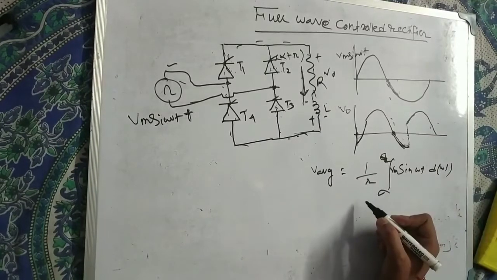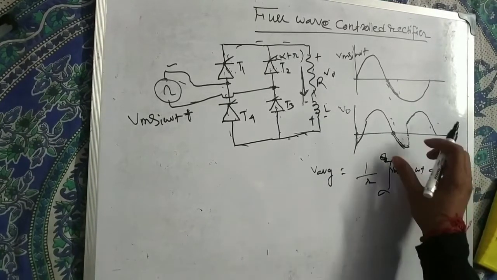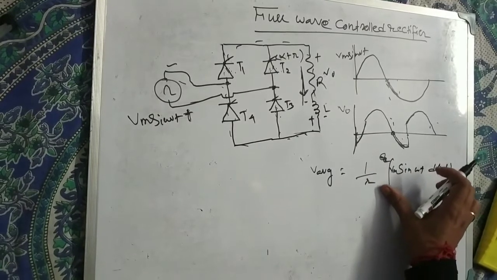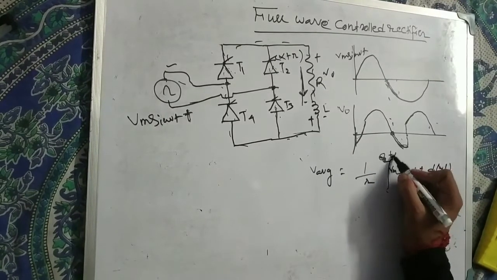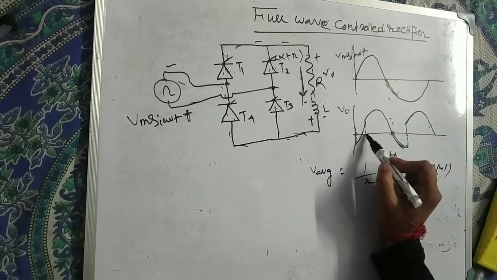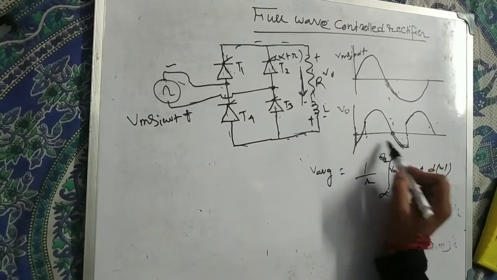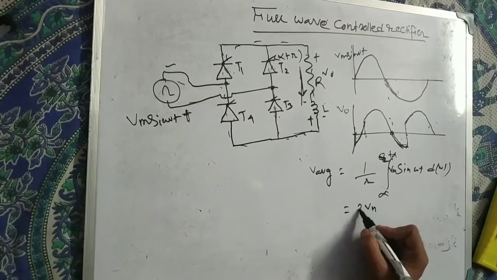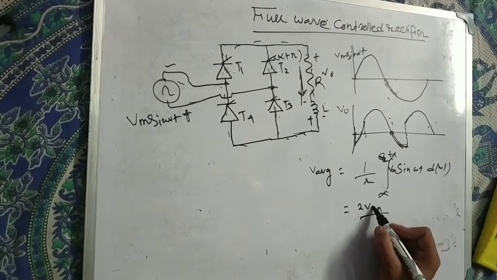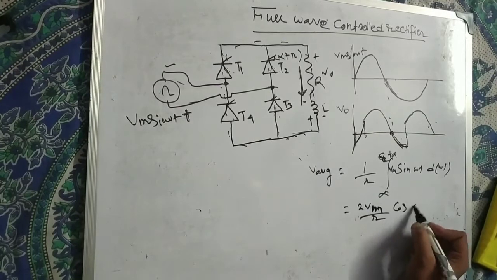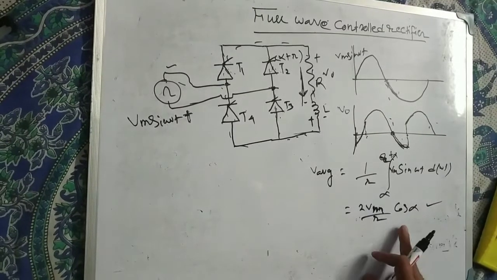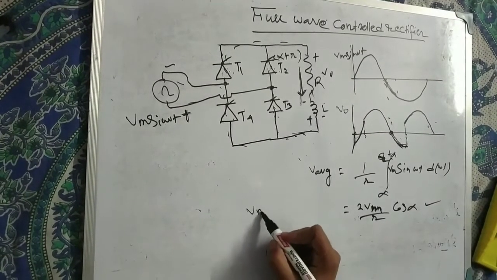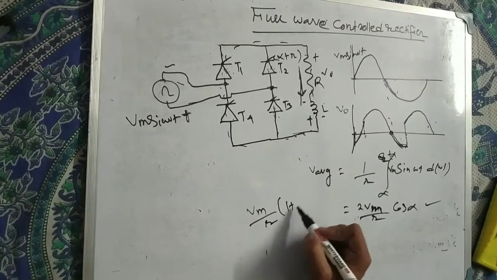We integrate from alpha to pi plus alpha, the full signal, and we get 2 Vm by pi cos alpha. You have to remember it. For the resistance case, we got Vm by pi times (1 plus cos alpha).